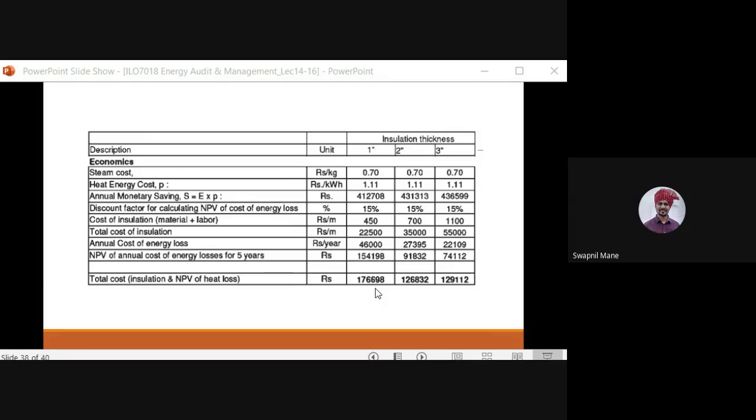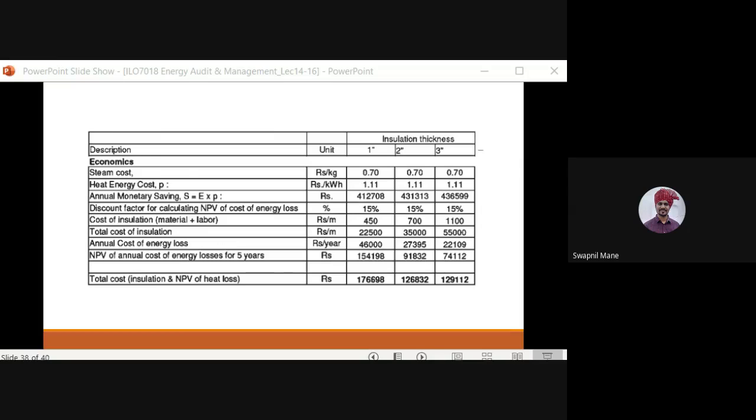Then your annualized life cycle cost will not be calculated with 3 years time, but for 5 years. And then after 5 years, it will become salvage. Salvage means it will be of no use, it is scrap. So that is the meaning of annualized life cycle cost.